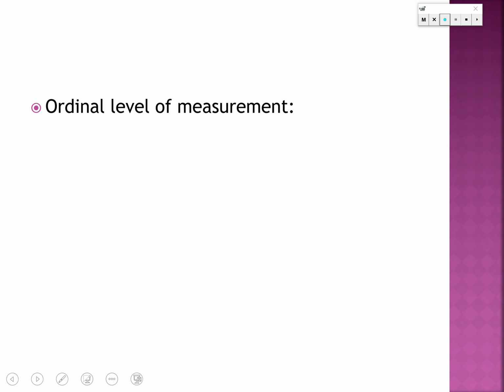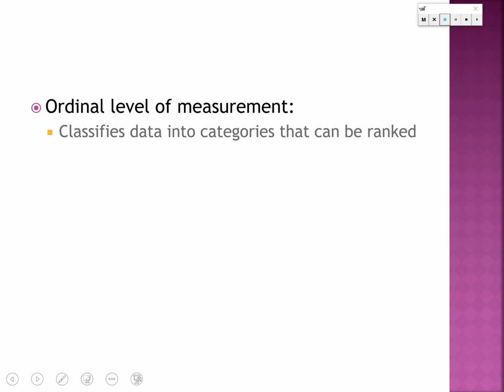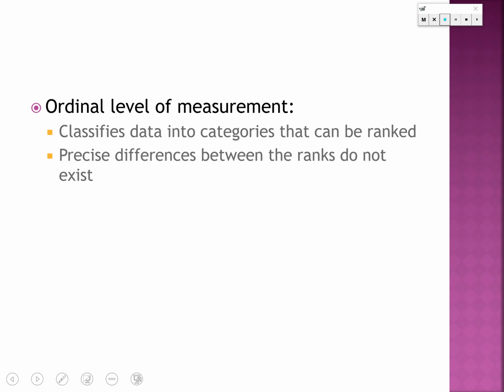Second level of measurement is called ordinal. It classifies data into categories where the data values can actually be ranked. Precise differences between the ranks do not exist, so they are in a specific order, but there's not an actual measurable difference between them.